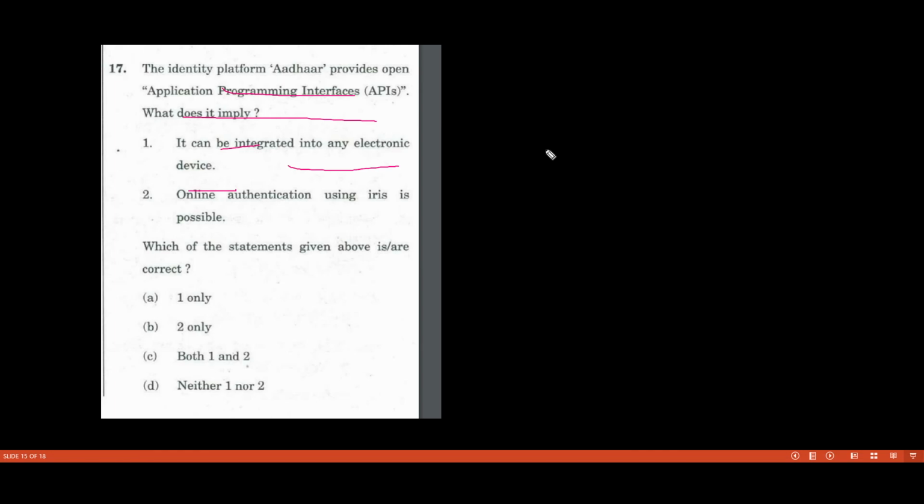So in my opinion, I thought that only devices where interfaces to provide or authenticate identity is required, वहाँ पे आधार की APIs use होंगे. All right, but then it is given into any electronic devices.